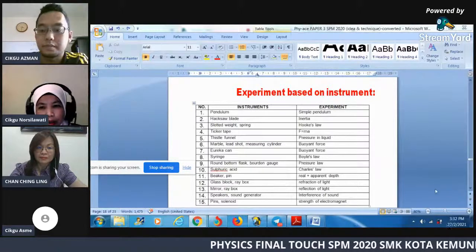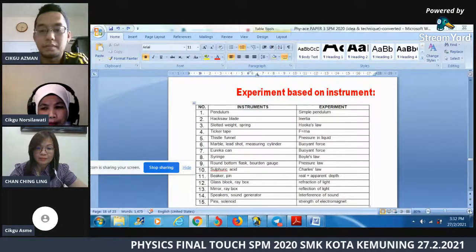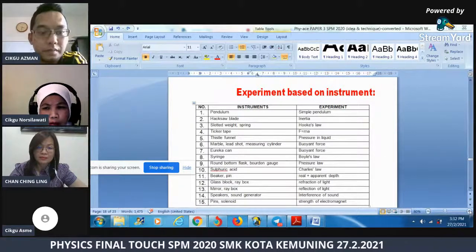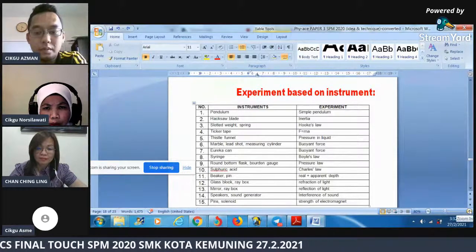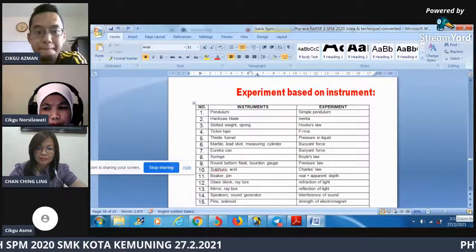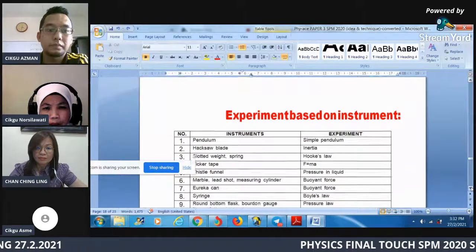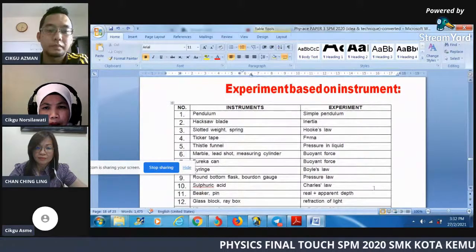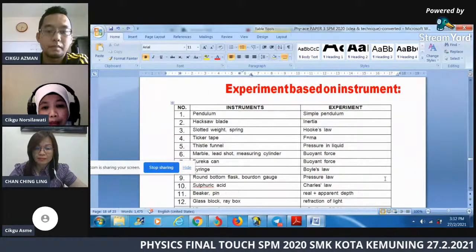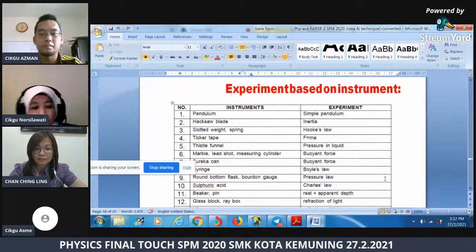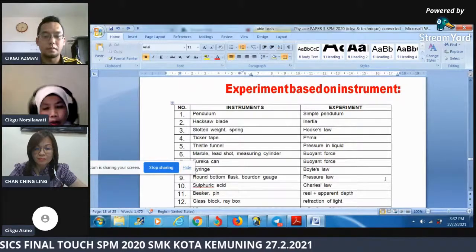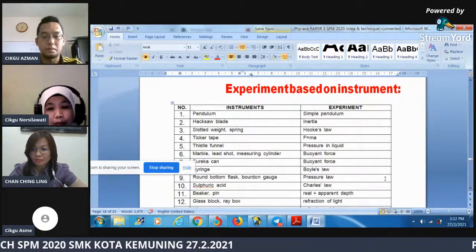Alright. If you see from the question for Paper 3 Section B, there is a statement that says, based on the apparatus given, plan an experiment.